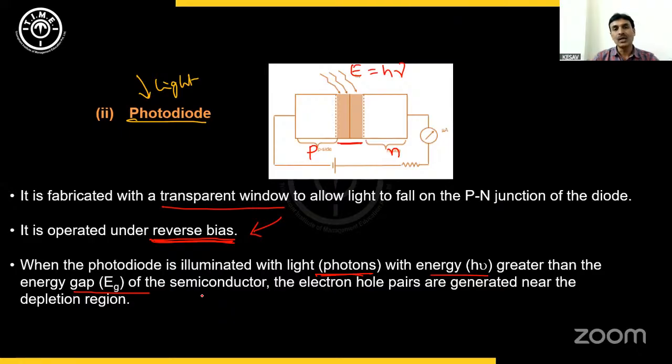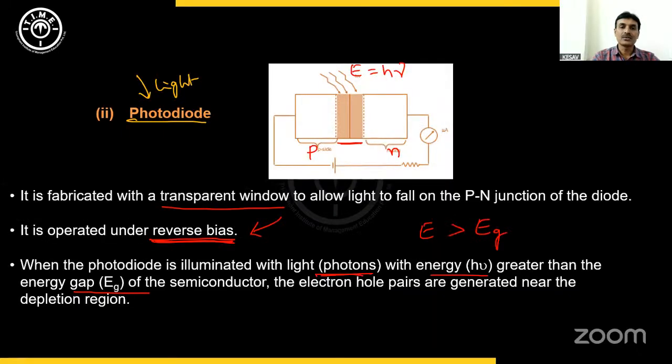If you don't know, please go through that so that you will have complete clarity on these concepts. Okay. If the incoming energy is greater than the energy gap, then electron hole pairs are generated near the depletion region, and due to these electron hole pairs, conduction happens.